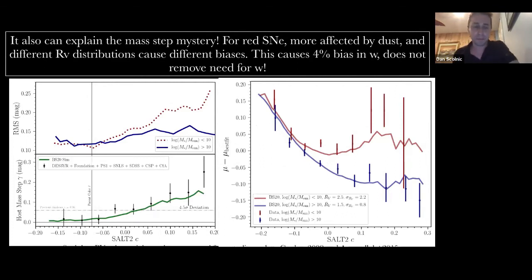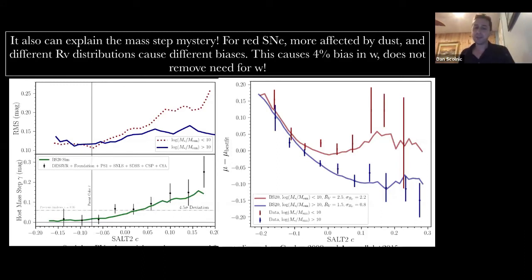And what's really neat, looking at the bottom panel, is if you plot this mass step versus color, you can see that for supernovae that are blue, there's no mass step. But as supernovae get redder, it linearly depends on color.